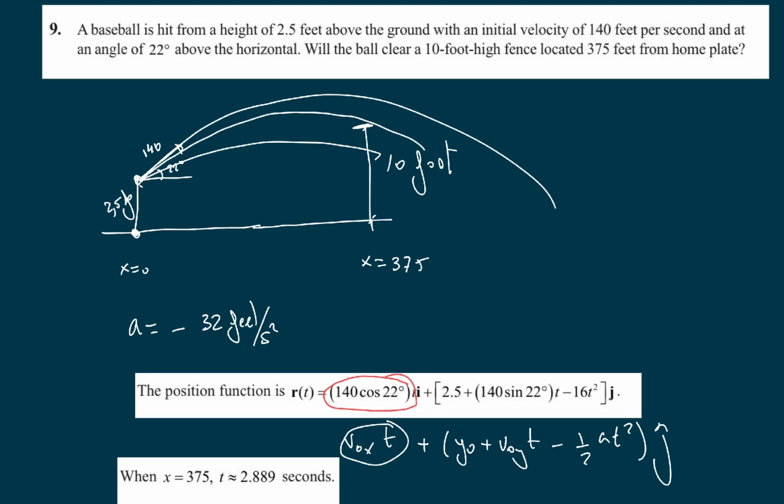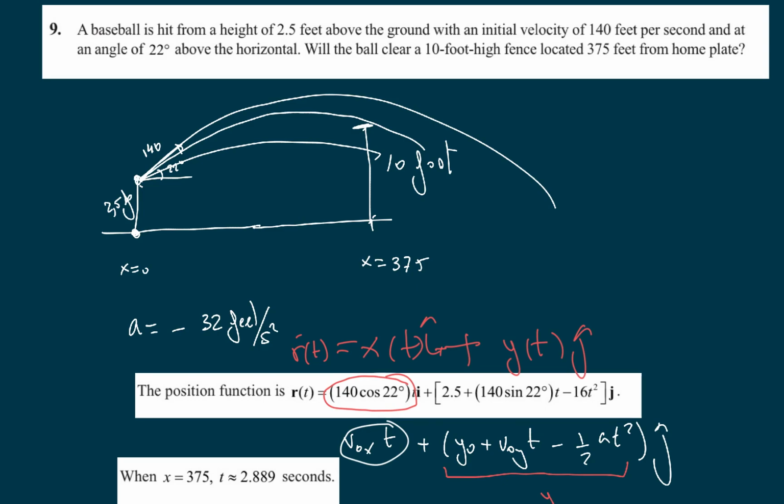And for this value of the time, who is the y? The y is here. This is the y, because remember that r of t is x of t i plus y of t j. Perfect. So at this time t, who is y?